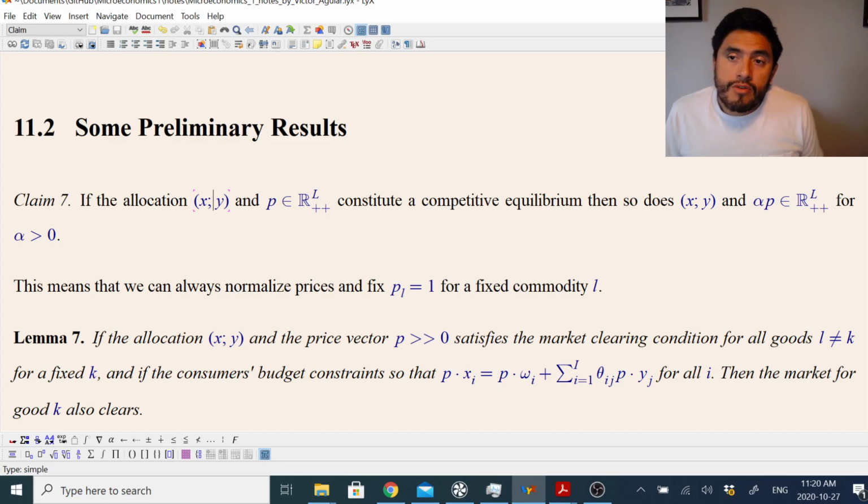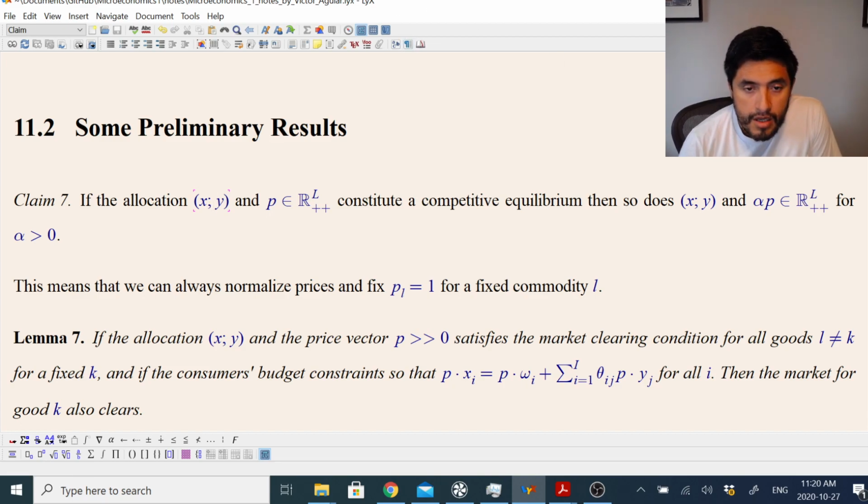In that case, the price of apple has to be set to one. That's what I mean by being able to normalize the price of one of the goods to one without loss of generality. This is a consequence of homogeneity of degree 0 of the utility and degree 1 of the profit.